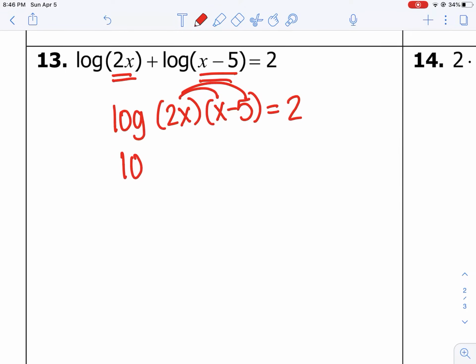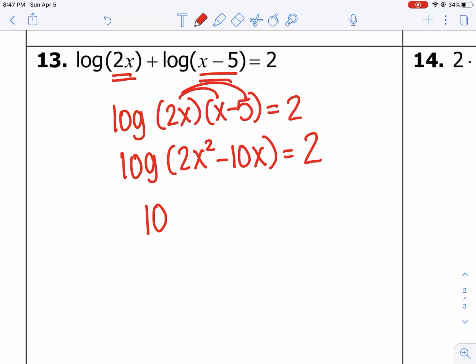So this is going to be log, I'm going to have 2x squared minus 10x equals 2. Now that I have it condensed, I can go ahead and rewrite it in exponential form. This is a base 10, so base 10 to the 2nd power equals 2x squared minus 10x.